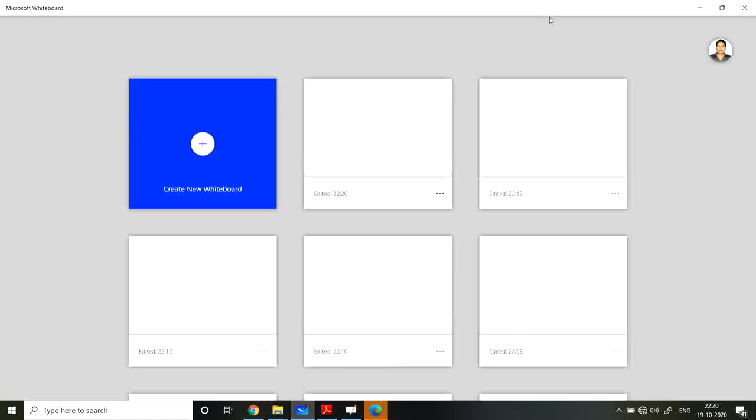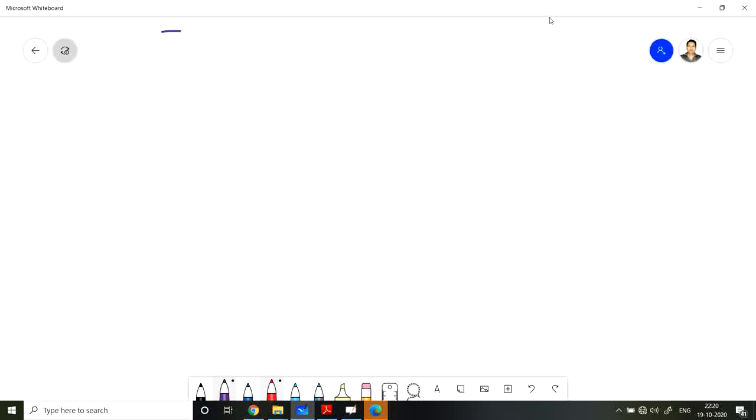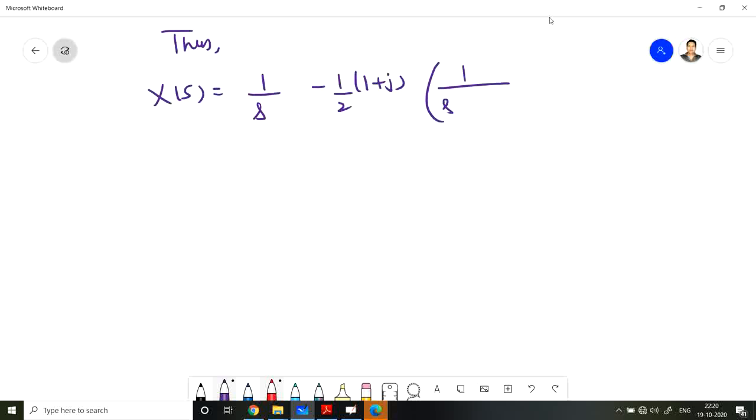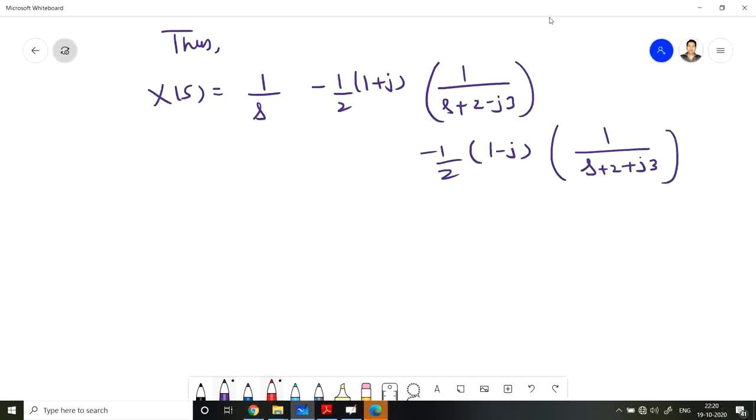So we found c1, c2 and c3. Then X(s) is written as 1 divided by s, minus 1/2 (1 + j) times 1 divided by (s + 2 - j3), minus 1/2 (1 - j) times 1 divided by (s + 2 + j3).